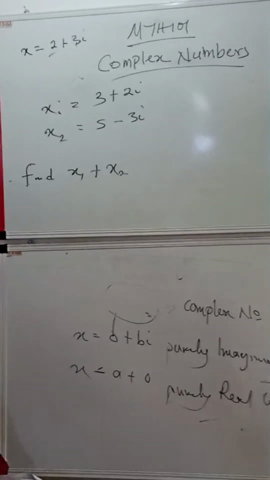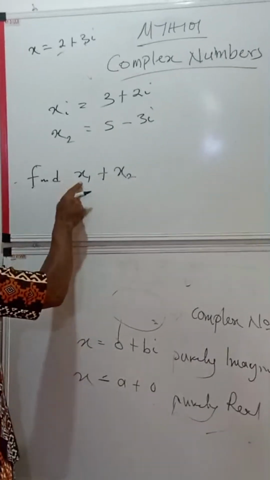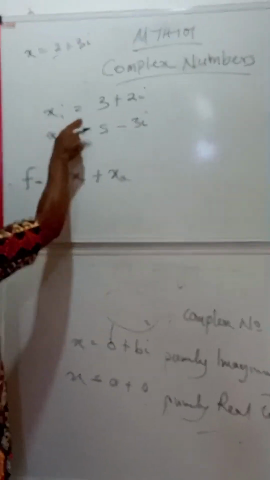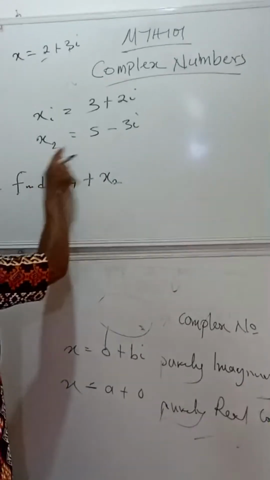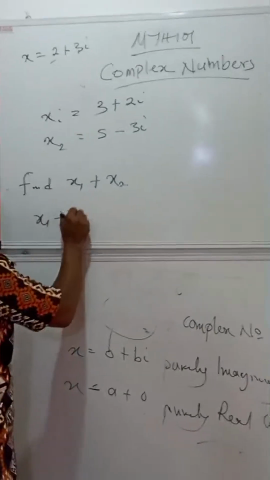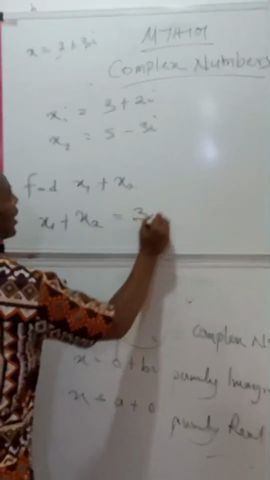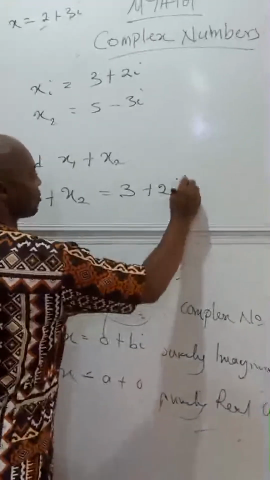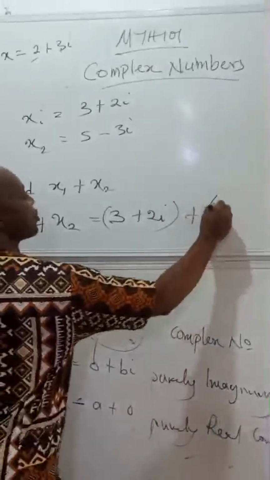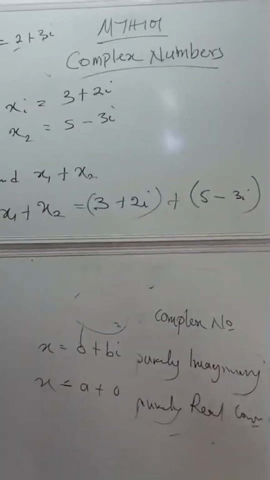Given that x1 is equal to this and x2 is equal to this, x1 plus x2 will therefore be 3 plus 2i plus 5 minus 3i. That's what we have.